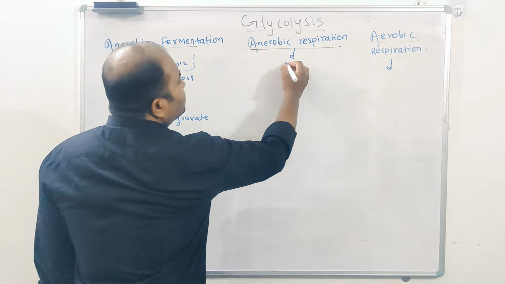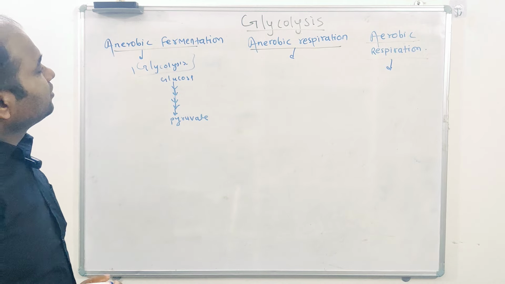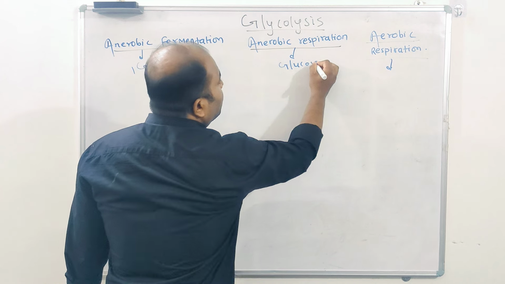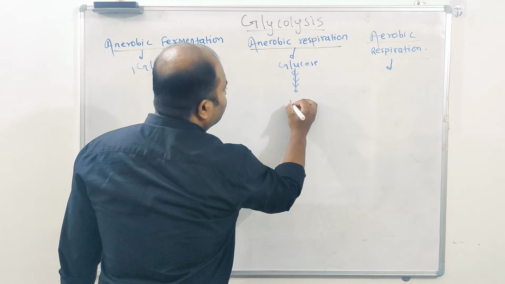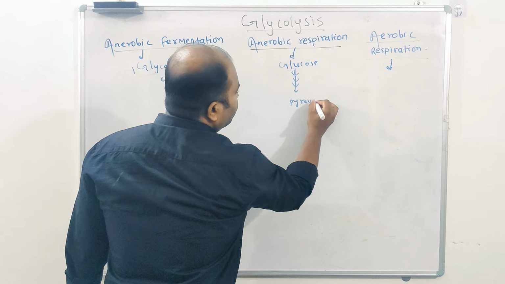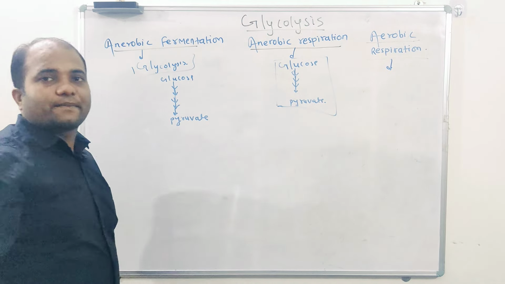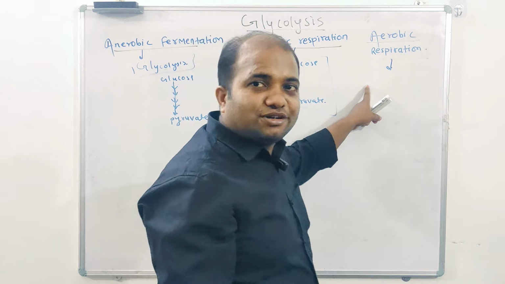Here also it is the same for the metabolic pathway of anaerobic respiration. It starts with glucose, and with a series of reactions you will end up with pyruvate, right? Here also the first pathway is common.